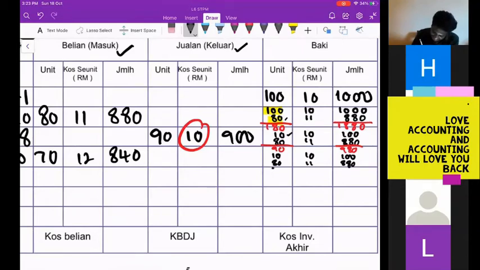Okay, 70, 12, 840. Total up the cost: 100 plus 880 plus 840, I get 1820. No choice lah, I go to the next table.